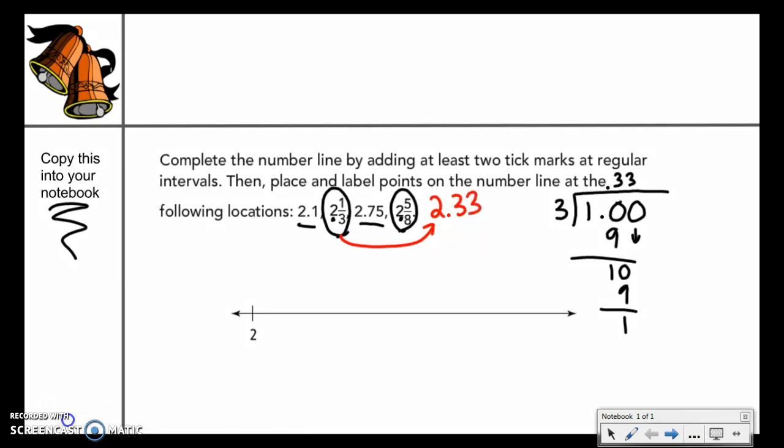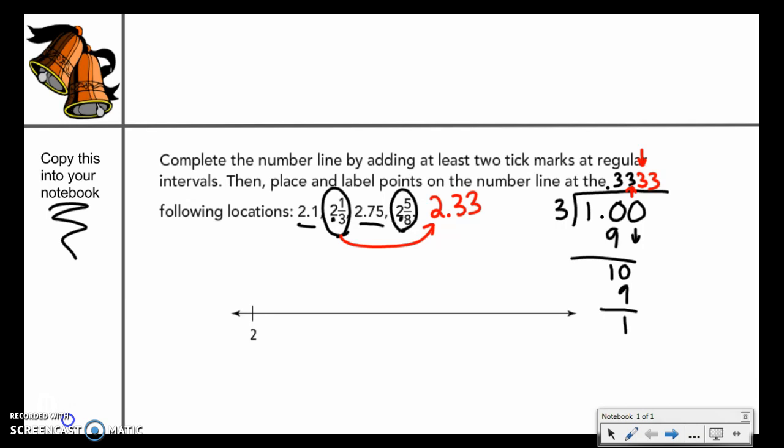This is going to go on forever, okay? But you're going to round to the nearest hundredth, which is usually what you would round to. And since 3 is smaller than halfway, this 3 is going to stay 3, okay? So we have 2.1, 2.33. Okay, that one's kind of in order because here's 2.75.